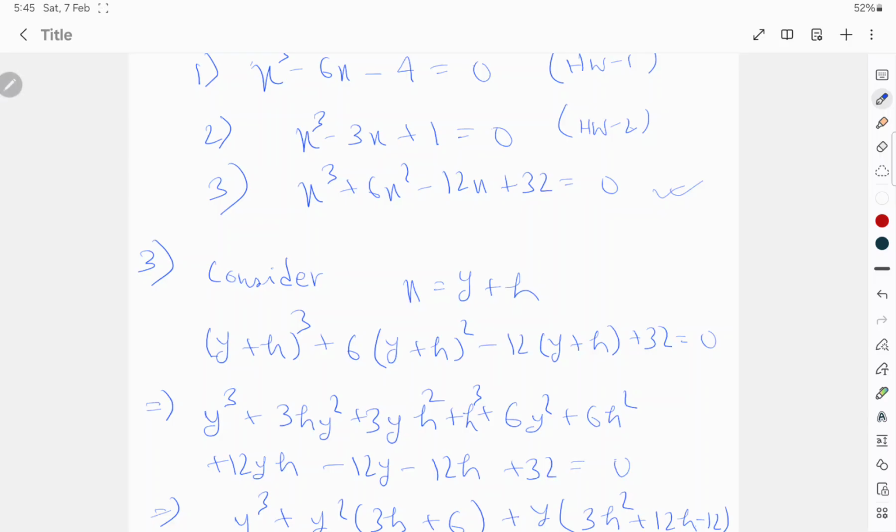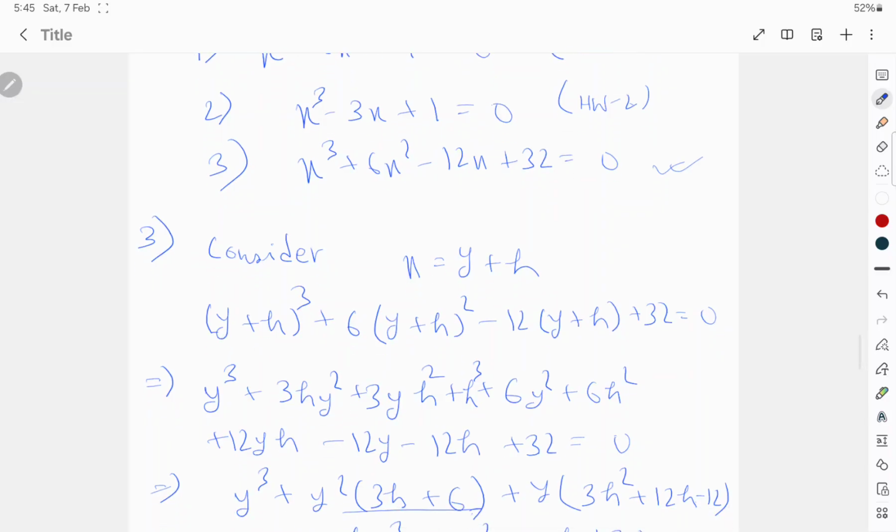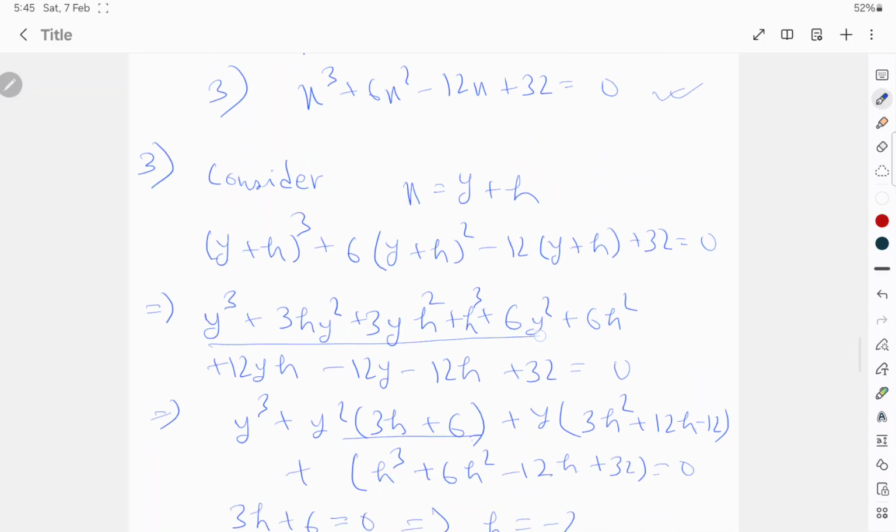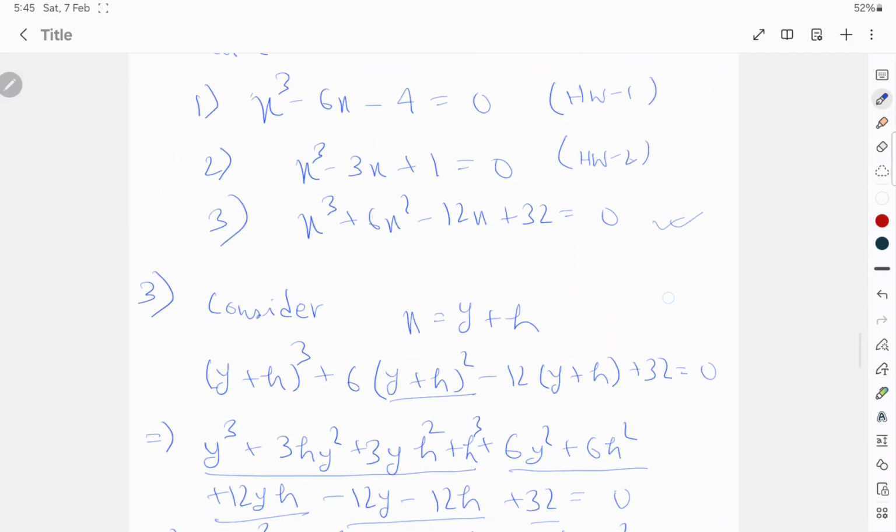So if you substitute, you have (y plus h) cube plus 6 into (y plus h) square minus 12 into (y plus h) plus 32 equal to 0. Now if you break this a plus b whole cube, you have this thing, this thing, right? And if you break this square, you have this thing, and then this thing. I will tell you why the first two are easier.